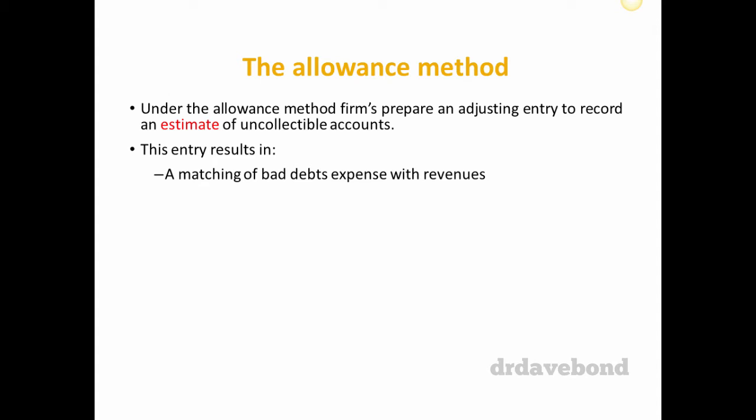The entry, so if we think about what the sale entry is, it's debit accounts receivable, credit sales revenue. I'm jumping the gun a little bit, but the entry that we're going to have is debit bad debts expense and credit allowance for bad debts.